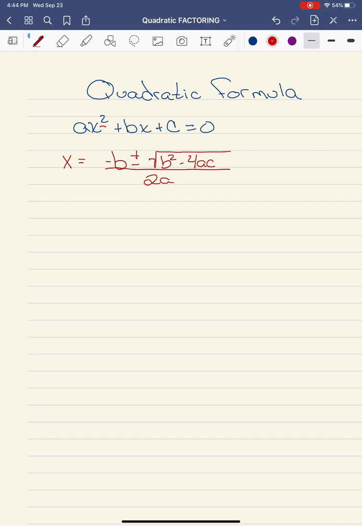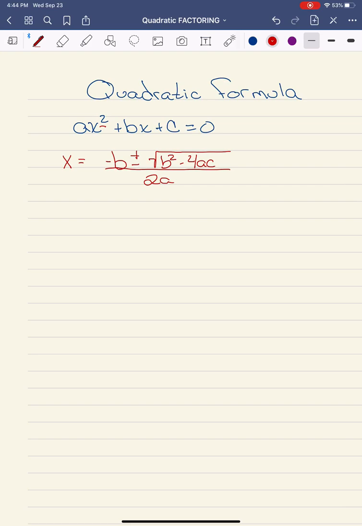Now, as long as the a is greater than 1, this will work. Now, you also want to make sure you have the quadratic in order. You want to have it where it's a, b, c. So if it's not in that form, you want to put it in there.